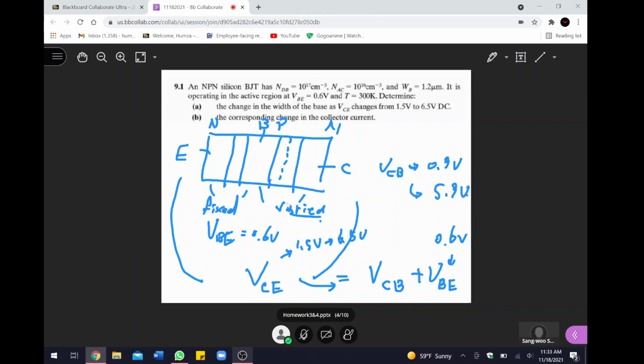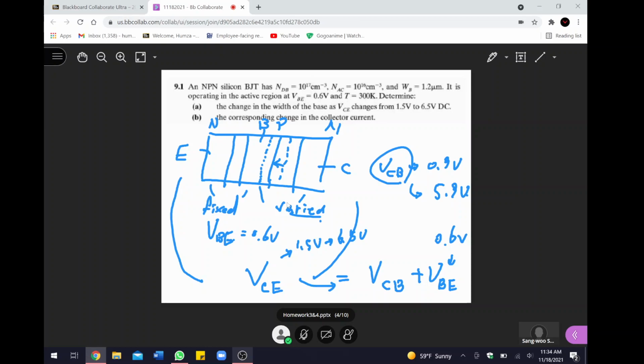As we apply a more negative voltage between the collector and base, you expect the depletion region to change.